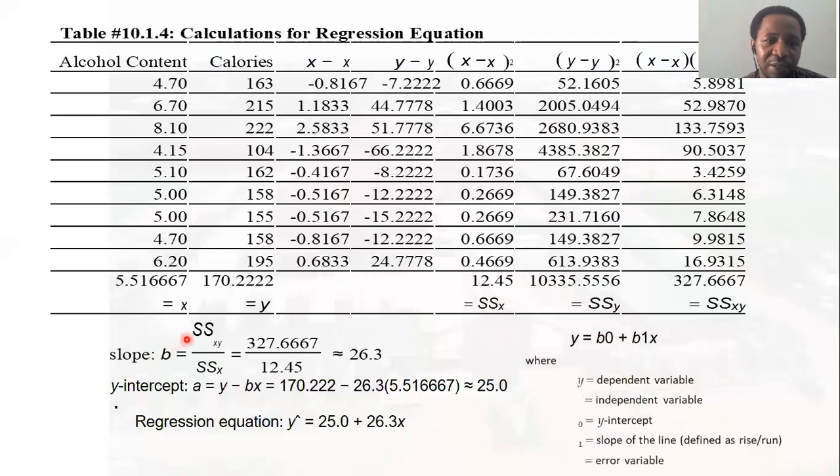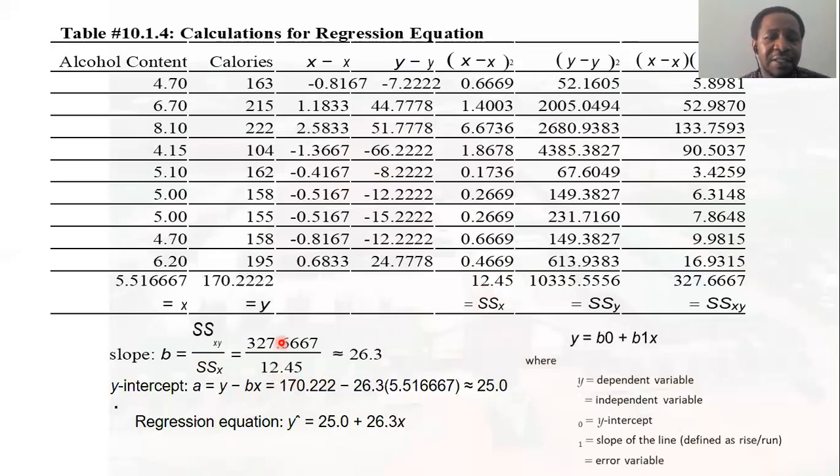To look for that, we simply say summation, the sum of x on y divided by the sum of x squared. You just substitute the values here, which in this case is 327.667, divided by the sum of x value, which is 12.45.